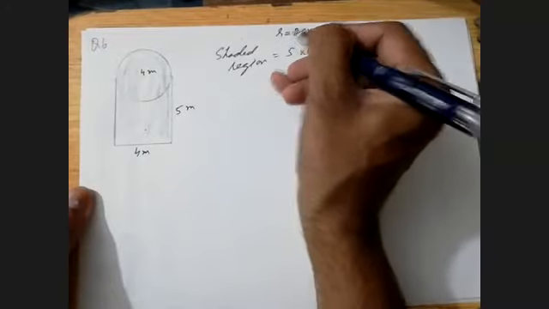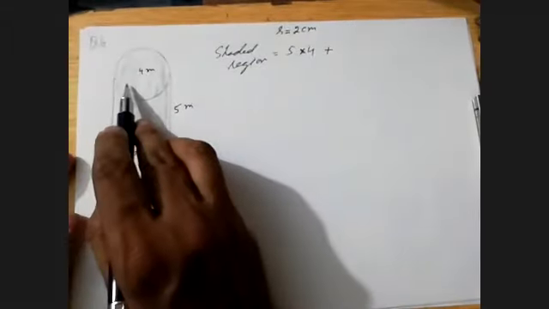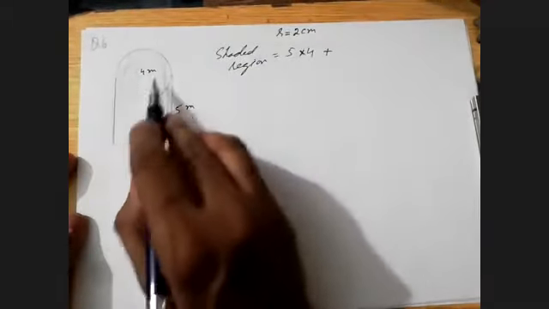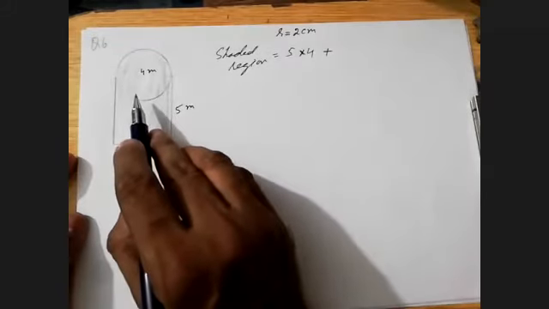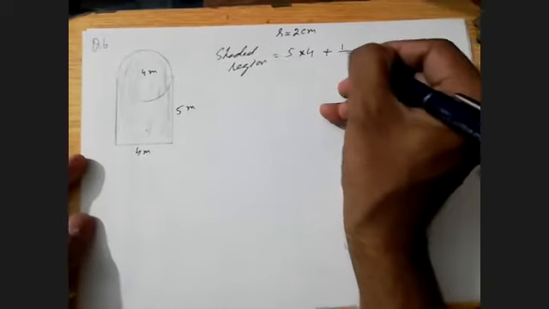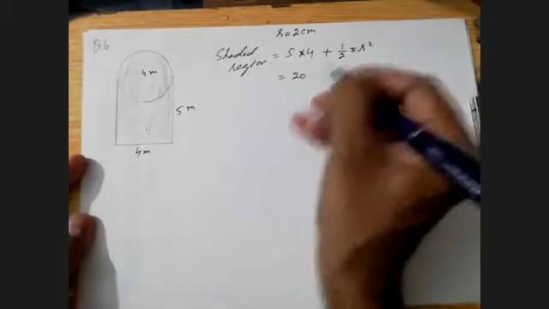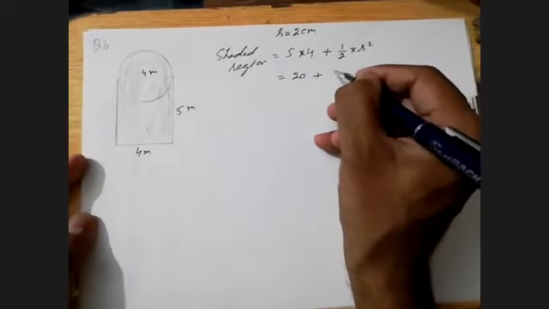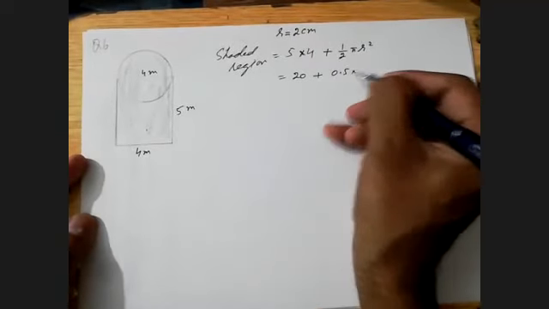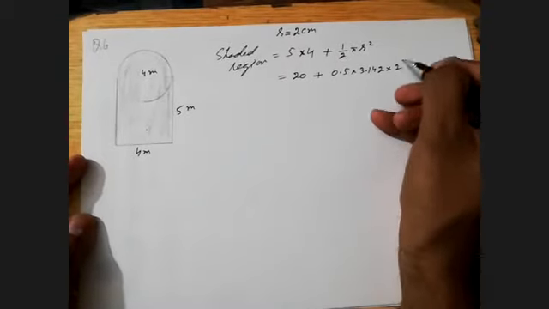Here I can take pi as 3.142. As you know, I'm not taking the full circle because here half the circle is overlapping. So half pi r squared: 20 plus 0.5 into 3.142 into the radius squared.